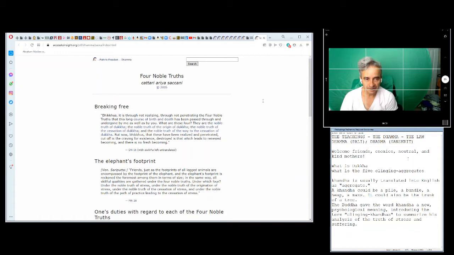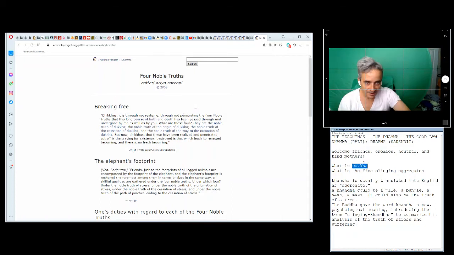So when we start to study the Four Noble Truths, we end up having to also translate the word dukkha. What is dukkha? And what are the five clinging aggregates? So dukkha has many translations.